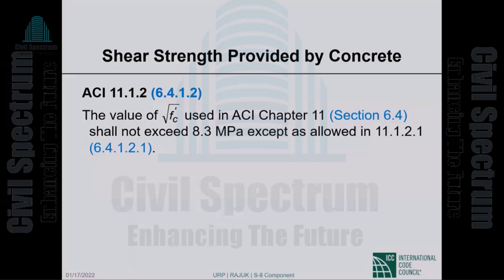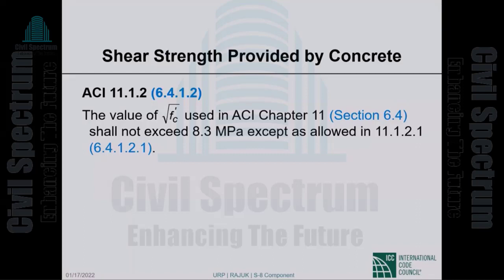The background to this is we do not have test results for beams having compressive strength in excess of 10,000 psi. For f sub c prime exceeding 10,000 psi, we did not have shear strength test results.